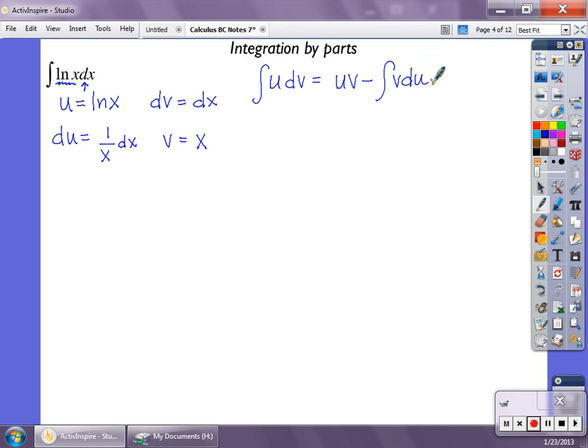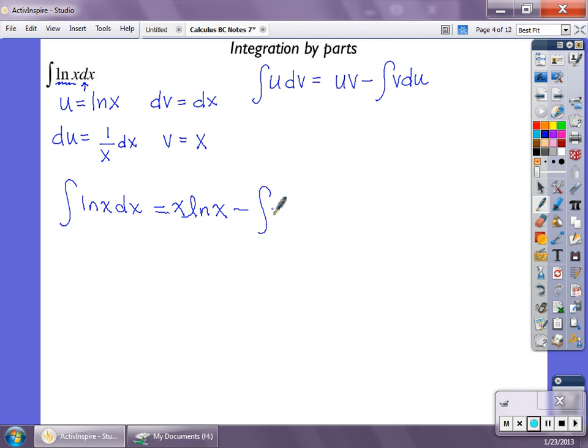And so down here we'll say the integral of the natural log of x dx, the integral of u dv rather, is: now for our u and v, I look to my table. u is the natural log of x, v is x. I'm going to write my x in front, minus the integral of v, which is x, du, which is 1 over x dx.